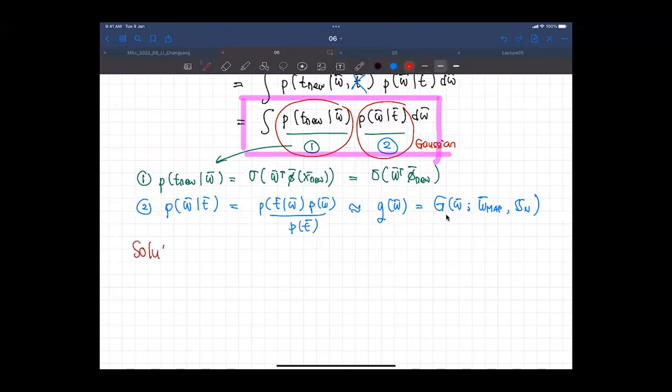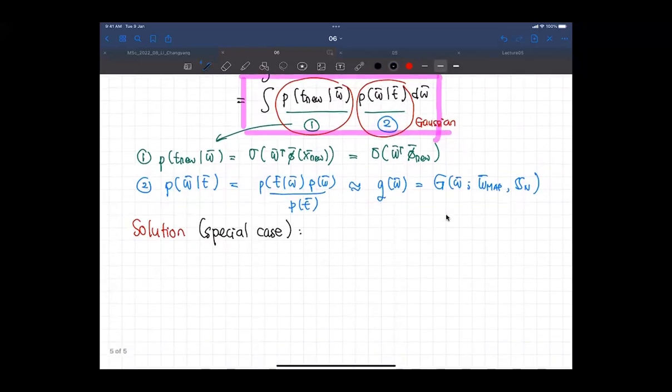The solution here is a special solution. For this special case, we rely on a sigmoid function. There is a special case of the sigmoid function, which is called the probit function.